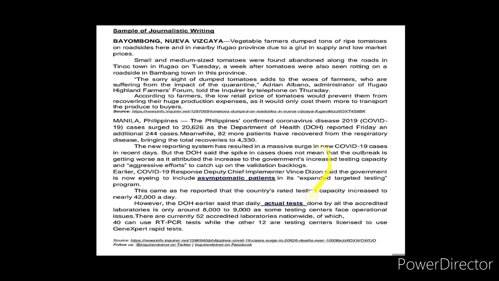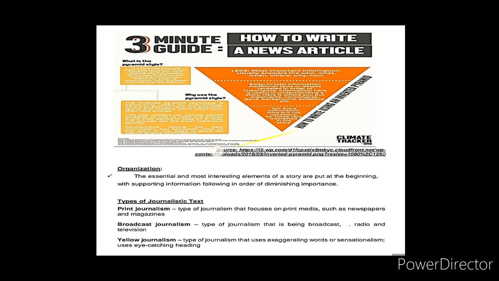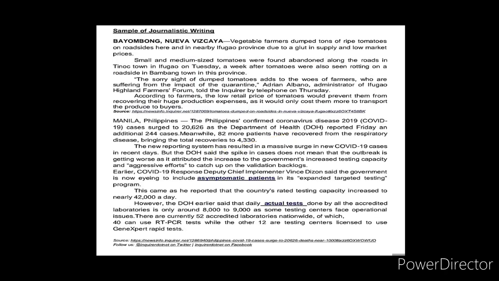And the other example is all about coronavirus disease 2019, or what we call COVID-19, which is very trending nowadays, and the reason why we have this what we call new normal in education or in the other aspects of our lives. So this is also an example of journalistic writing.